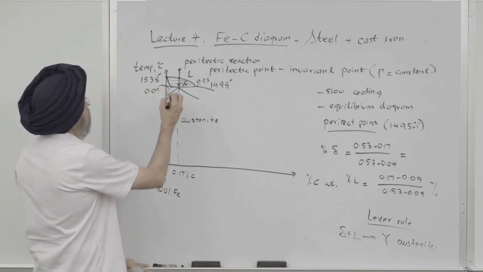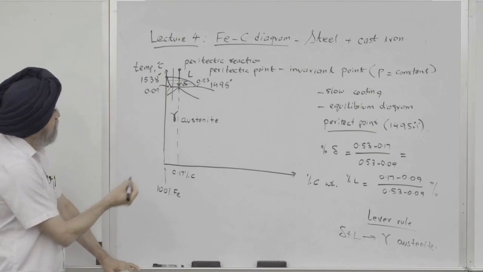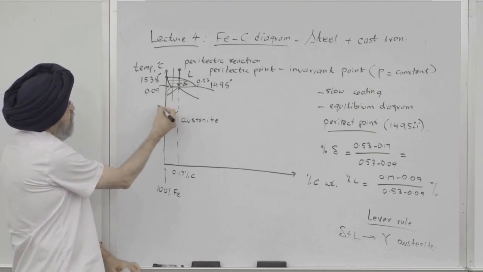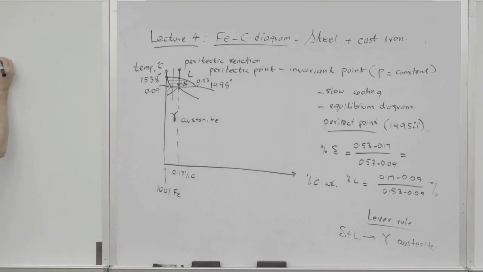Now, suppose your composition is over here, which is hypoperitectic.